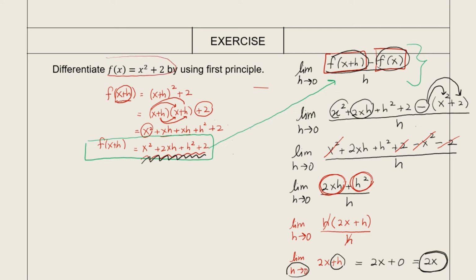It means that if you are doing the process of differentiation of this function, what you will get is 2x, by using the formula of first principle of differentiation. Later we will learn how to use the formula to differentiate, but now we are using the first principle of differentiation for the differentiation process.